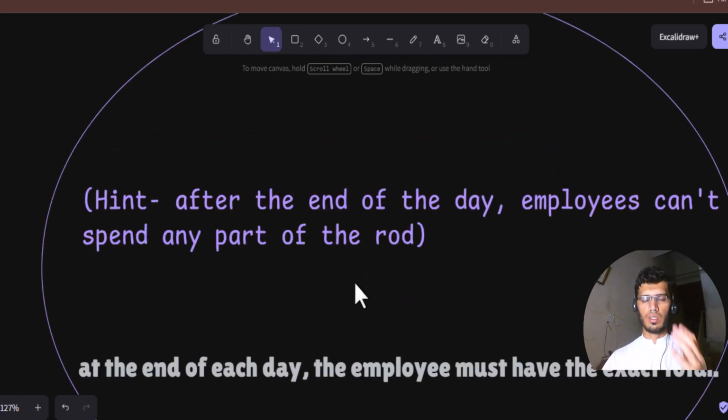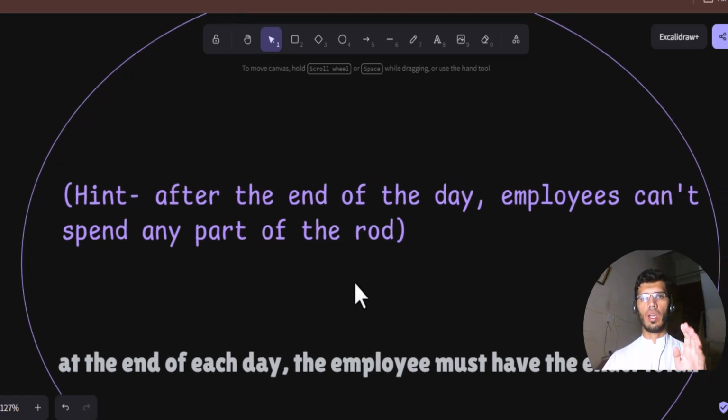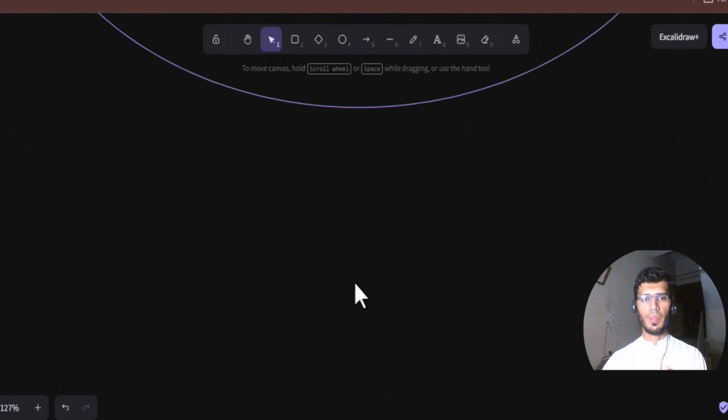Another hint is that the employee keeps a cumulative sum and will not spend the gold. On day 1, if he receives 1 unit of gold, he keeps it. On day 2, he receives another unit, then he has 2 units of gold.